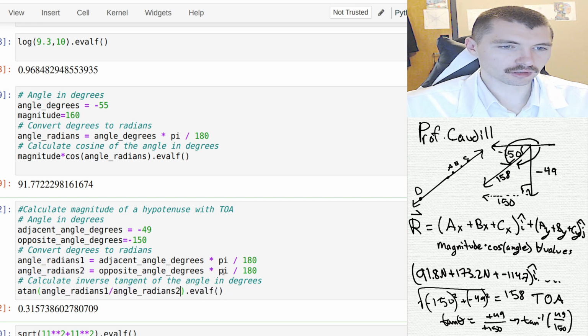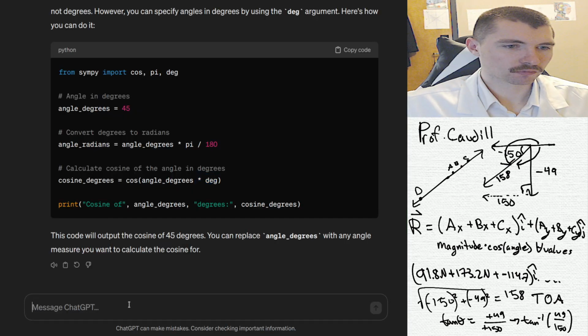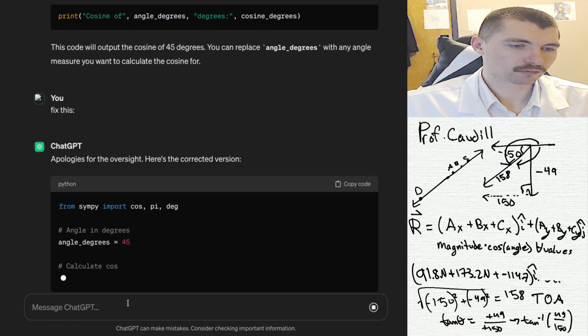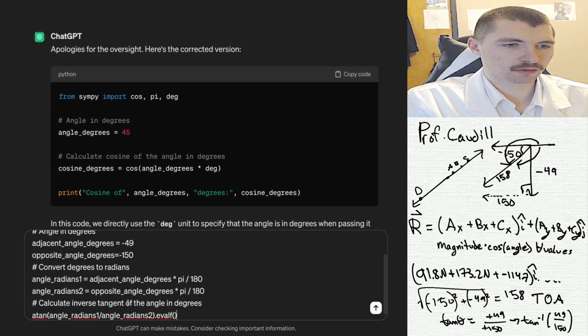We did not convert it from degrees to radians. We're still not getting that. Fix this. No.